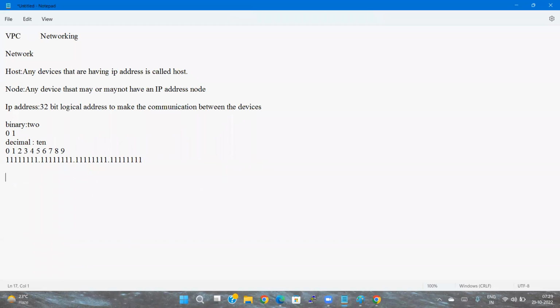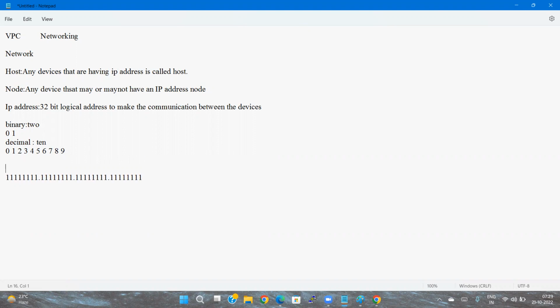For example, there will be 2 numbers in the binary number system, which means that if an IP address has to be generated, each and every portion of your IP address will have either 0 or 1.